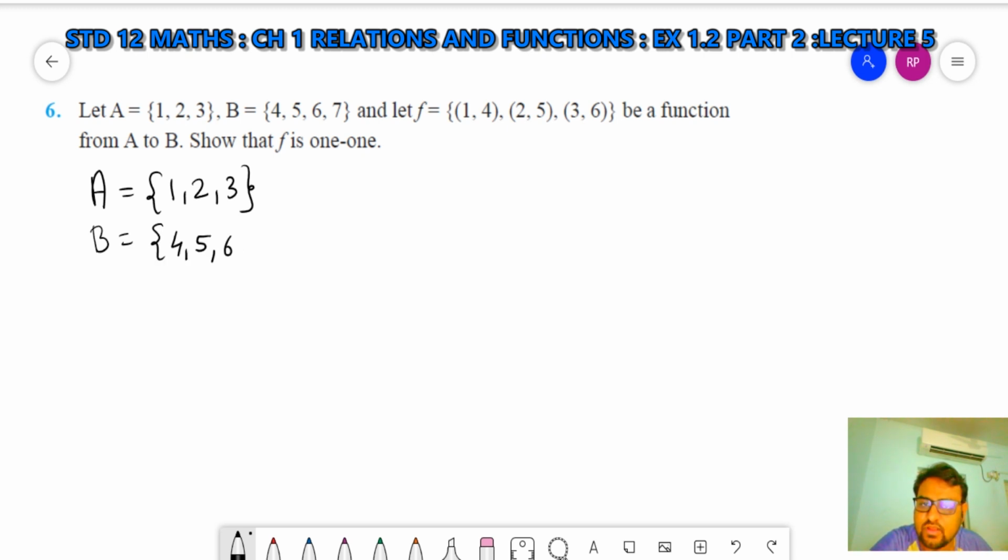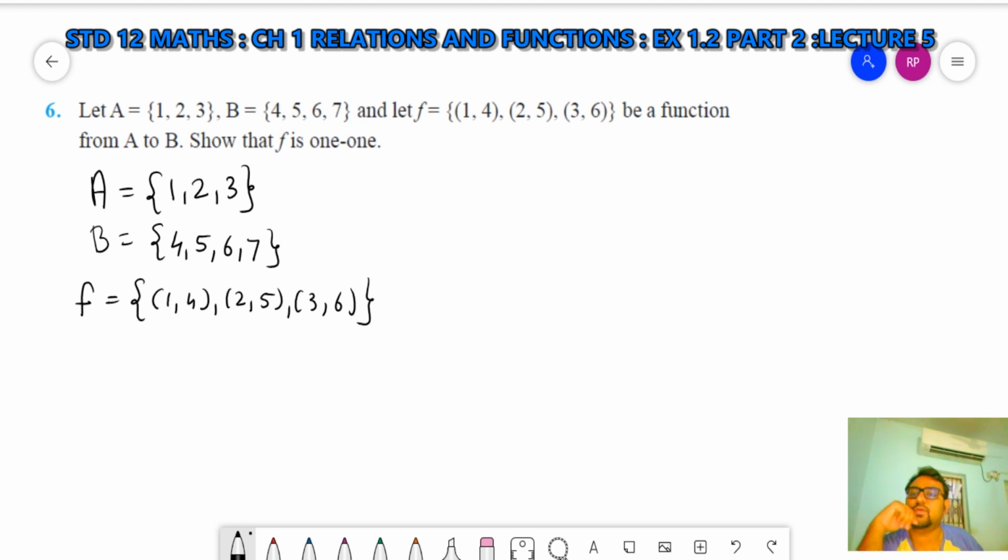The function f from A to B: {(1, 4), (2, 5), (3, 6)} be a function from A to B. Now show that f is 1-1.